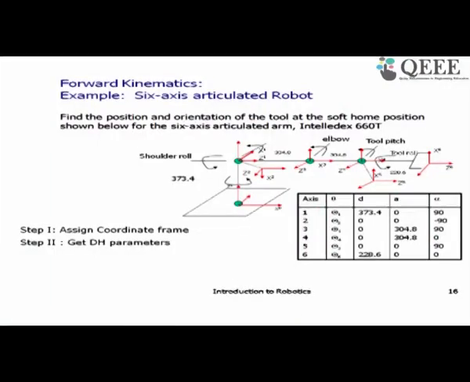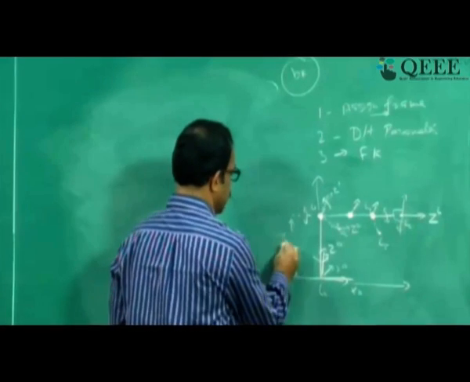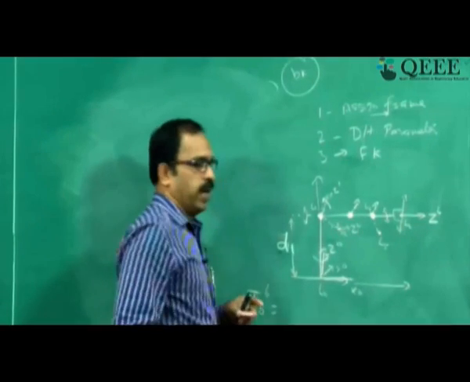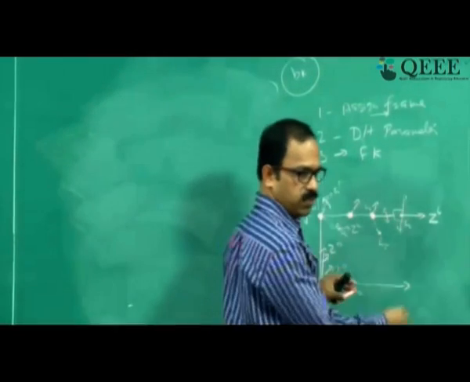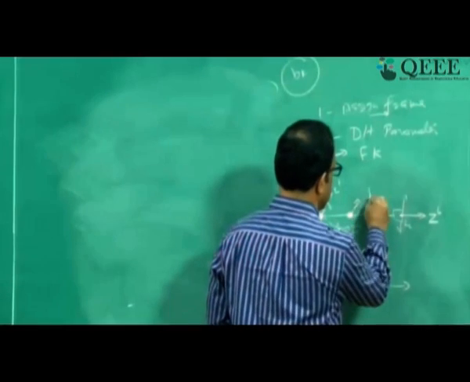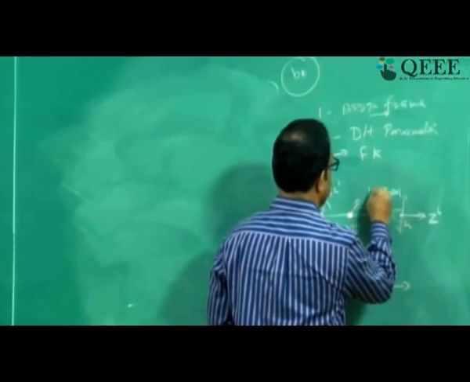So you will be having a D1. So this will be the D1 distance, and this will be the D6. You will be having a D6 here, between these.